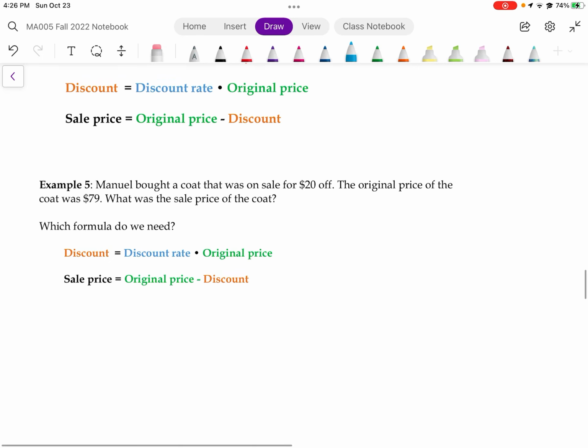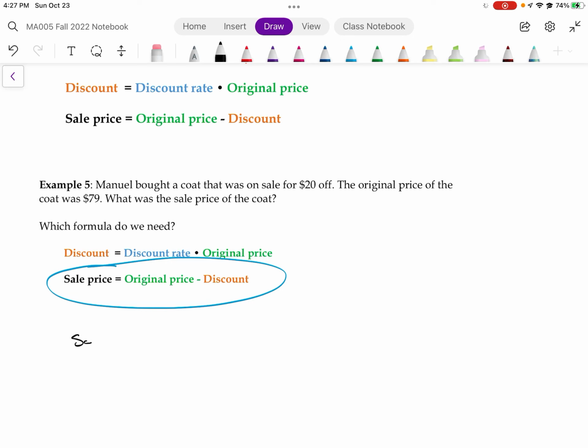Now we have two different equations here. Which formula do we need? Read the question carefully. Take just a moment to read it. Okay, so Manuel bought a coat that was on sale. It doesn't say 20% off. It says $20 off. So be careful that we're just going to use this equation right here.